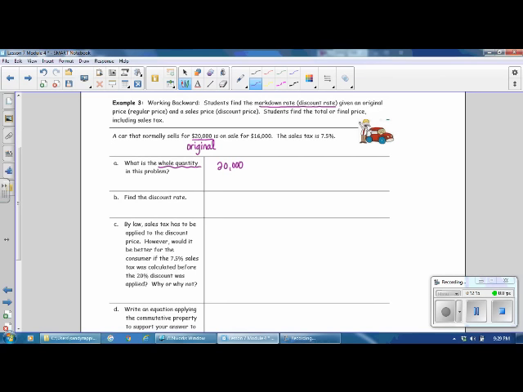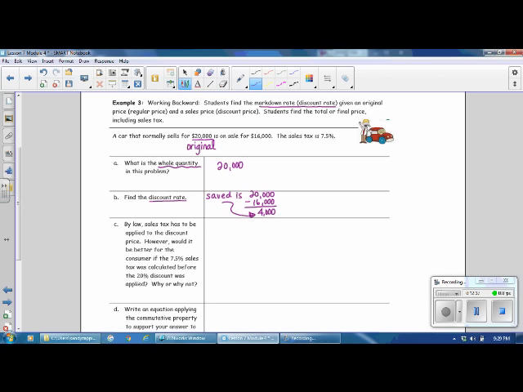Find the discount rate. So in order to find the discount rate, you need to know how much money you saved. So the amount saved is $20,000. Take away the $16,000 that you paid. So you saved $4,000.